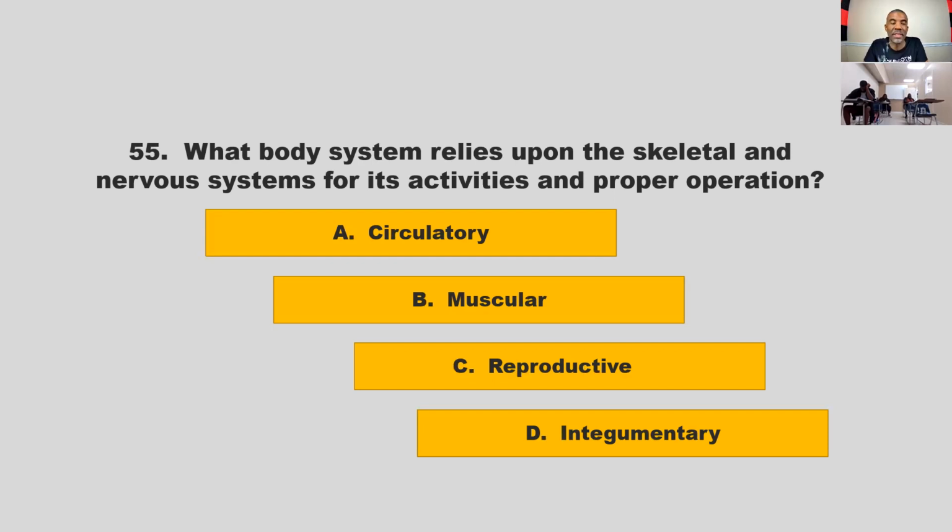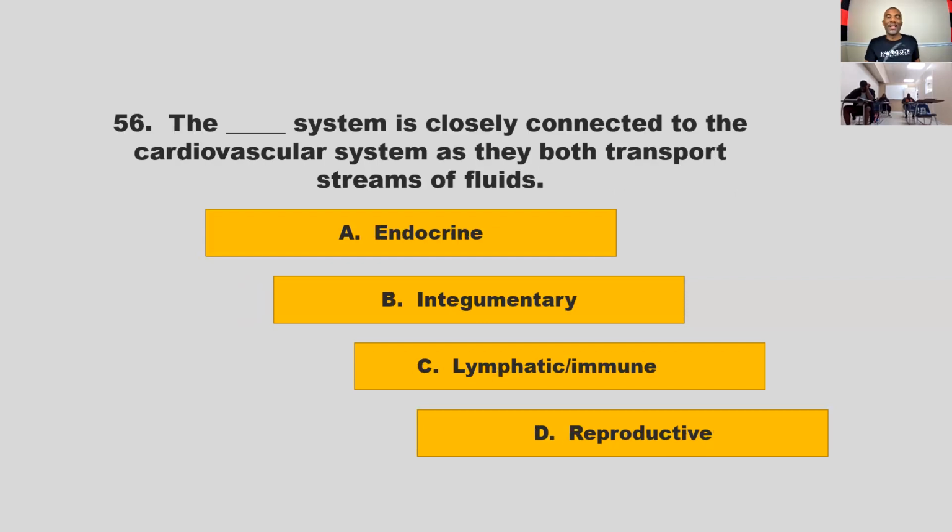You might be able to find this answer on page 151. B. That is correct. Muscular. The blank system is closely connected to the cardiovascular system as they both transport streams of fluids. So is it endocrine, integumentary, lymphatic, or reproductive?